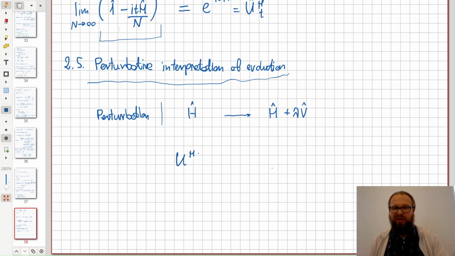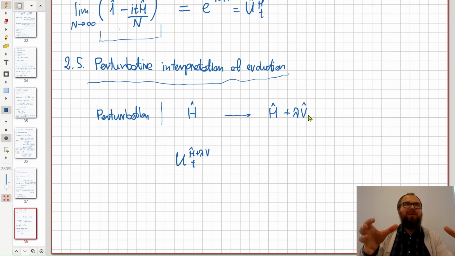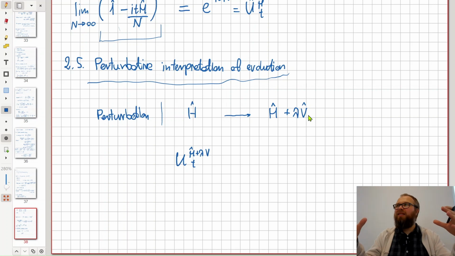like U, H plus lambda V of t, not numerics for that, but rather to represent the effects of adding this perturbation onto the dynamics of the unperturbed system in a way that's understandable for humans.